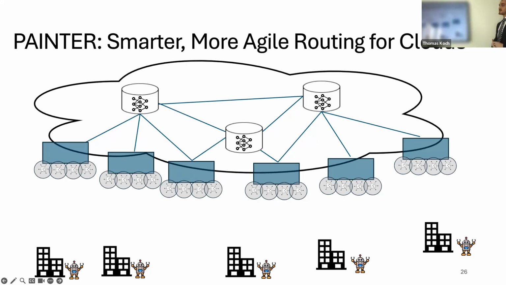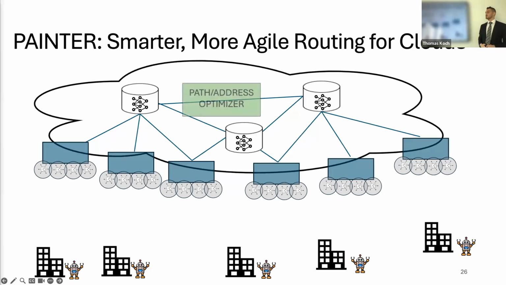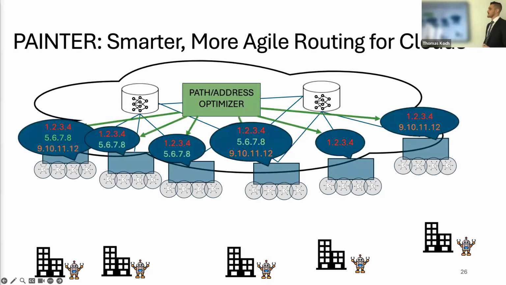So the first component of my system, Painter, computes better address advertisements from the cloud. It uses a combination of machine learning, internet measurement, and internet modeling and optimization to compute the best addresses to advertise. And so the output of my path or address optimizer is a set of addresses to advertise from different sites around the world. You might have many addresses being advertised instead of just one, and they might be advertised in different ways in different areas.